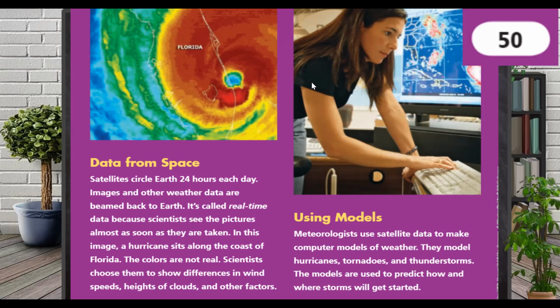So a meteorologist is a scientist who learns about the weather and forecasts. He will come up in the news and tell you about the weather. He will tell you today in Jeddah it's sunny, but in Riyadh it's a little bit cloudy, and I think it may rain in Abha, and that's it. So a meteorologist will forecast and make studies about the weather, and he will use models to predict where the hurricane will be or the tornado will start.